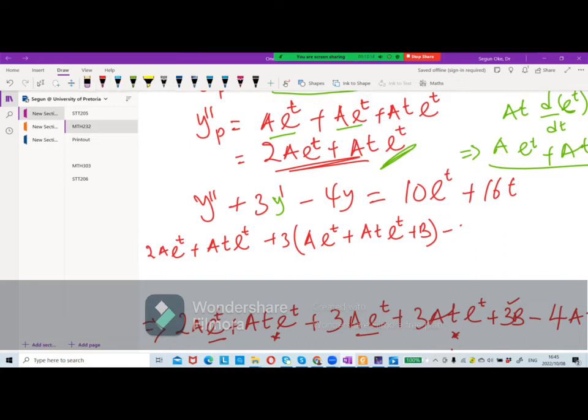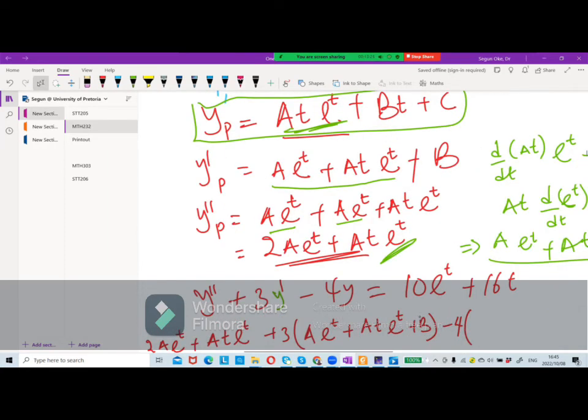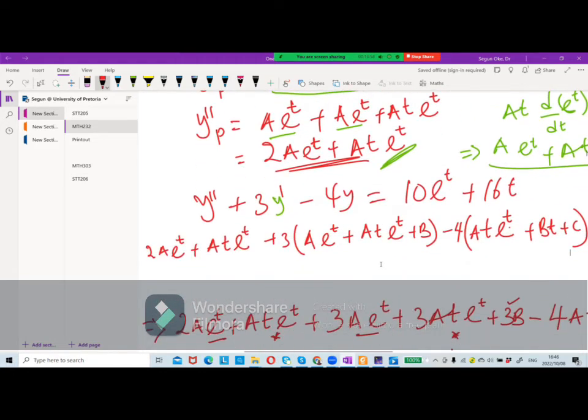The y is the same thing as 4 in bracket y, a exponential t plus at exponential t plus bt plus c, equals 10 exponential t plus 16t.